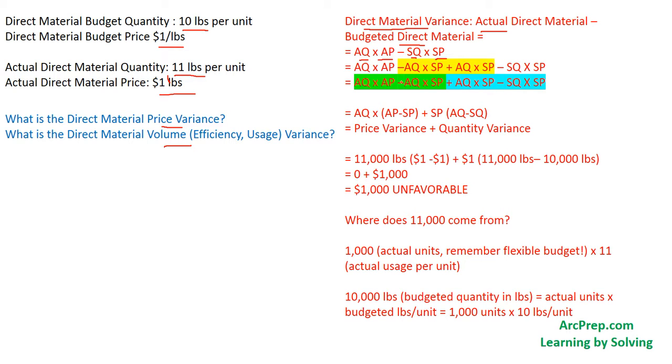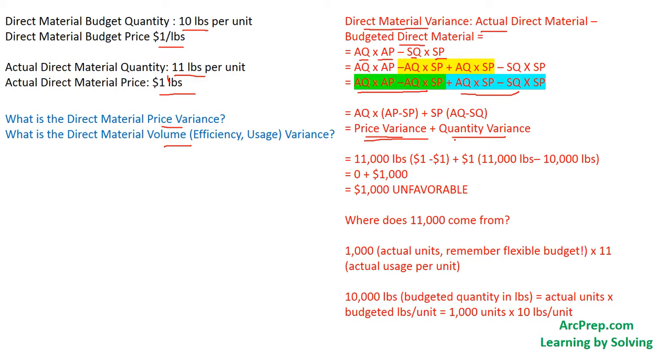But what's going to happen is I can rearrange this side of the equation, and I can rearrange this side of the equation. And what I'll write is this side of the equation is price variance, this side of the equation is quantity variance. So I know there was a change or difference for direct material. What portion of it is because of price change?